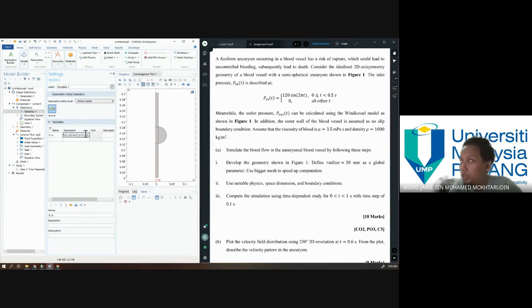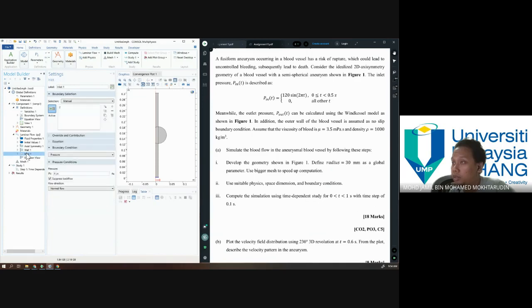Close bracket. And then for other t, P inlet equals 0. Okay, so make sure you don't have any yellow color. So make sure it's all black. That indicates it's correct. So here in the inlet, check again, then it also becomes black.